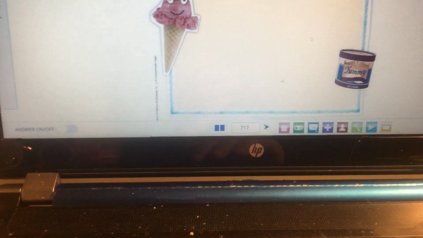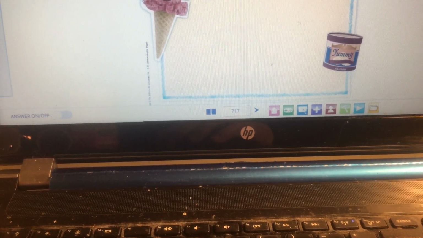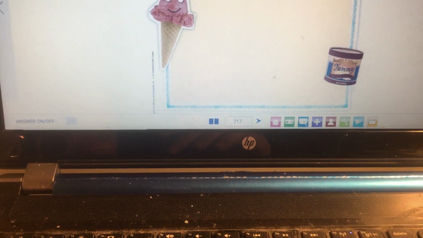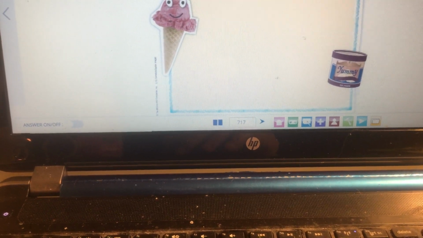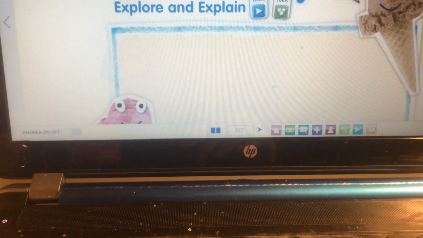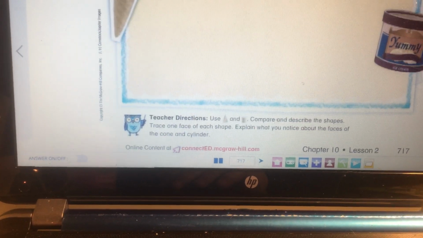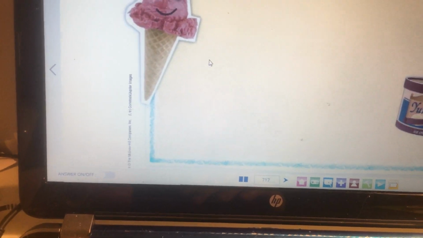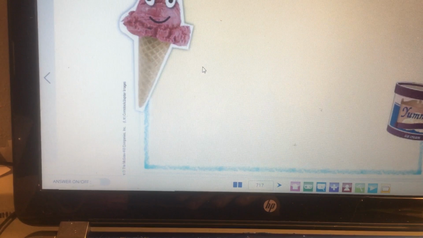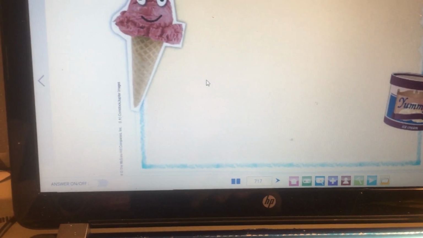So on page 717, it asks you to, hold on, I'm going to get this to be a little bit bigger so we can see it better. It asks you to draw the faces of the cone and of the cylinder.